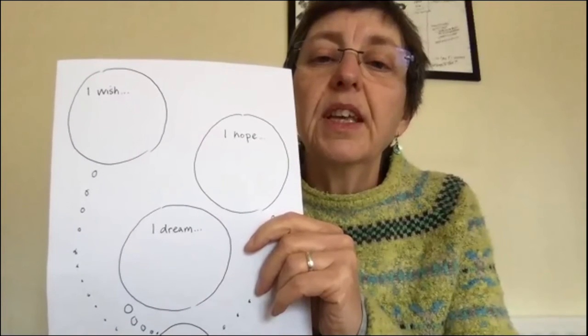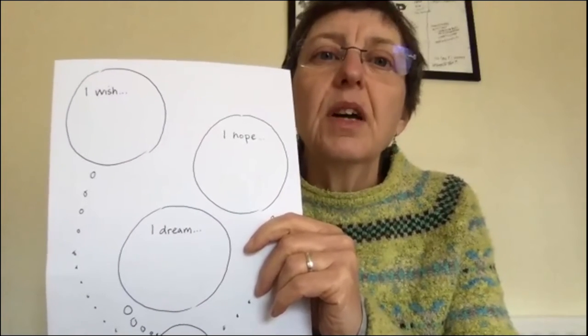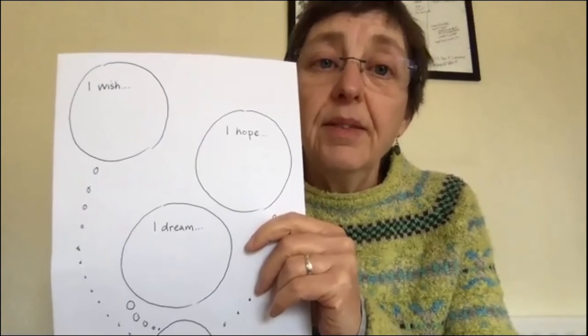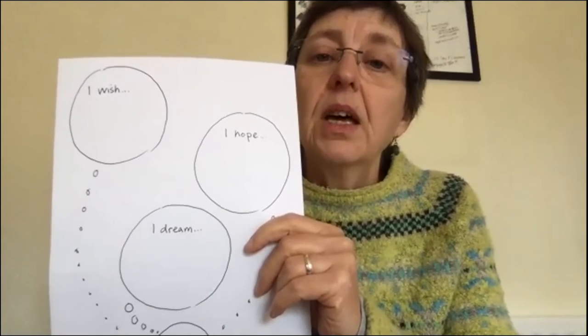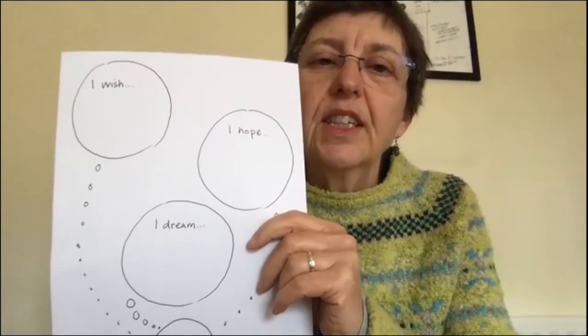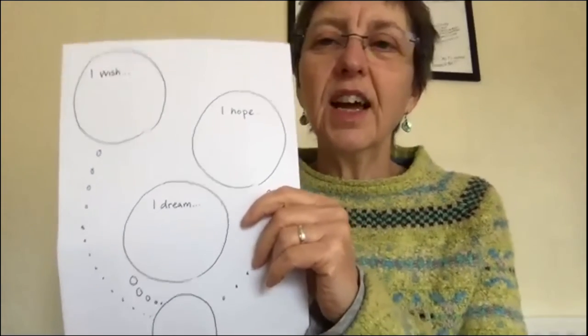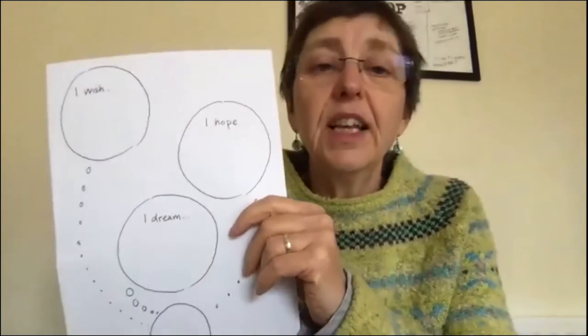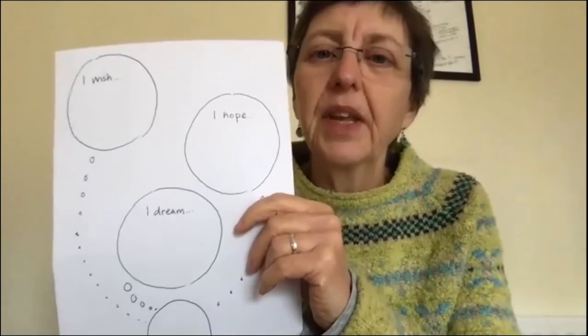Or she might be saying, I hope that sometime I might be able to go out there. That you start to understand for yourself what that character is really feeling and what they really think.